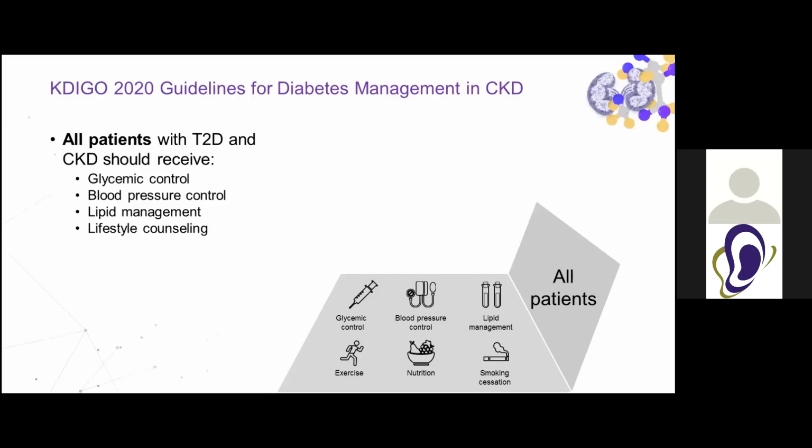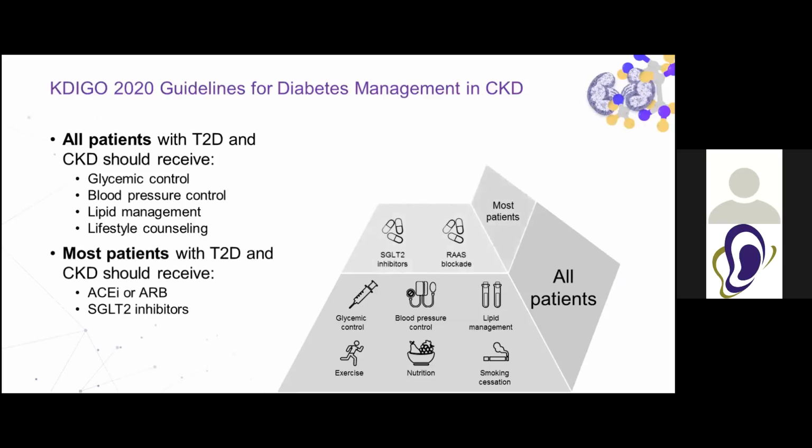The KDIGO 2020 guidelines for diabetes management in chronic kidney disease suggest that all patients with type 2 diabetes and CKD should receive the base therapies of glycemic control, blood pressure, lipid management, and lifestyle and counseling, and that most should also receive an ACE or an ARB and SGLT2 inhibitors based on the current data, and that in some patients, antiplatelet agents are also required. But this is the totality of management of CKD, with now SGLT2s being on par with RAAS inhibition.